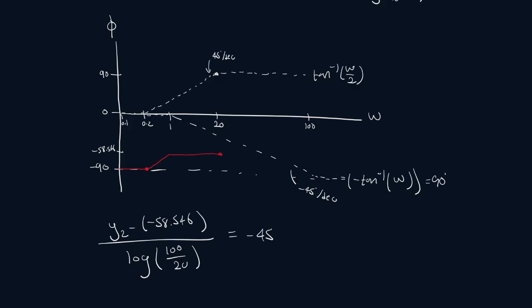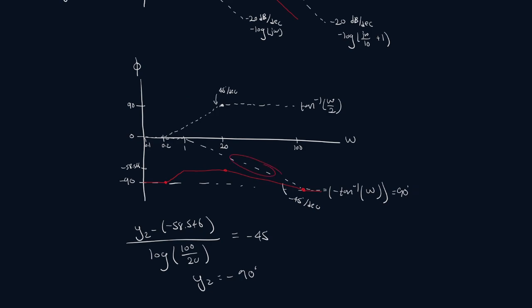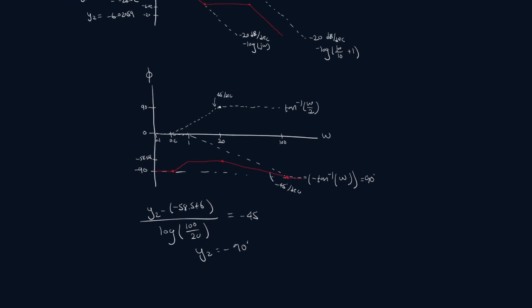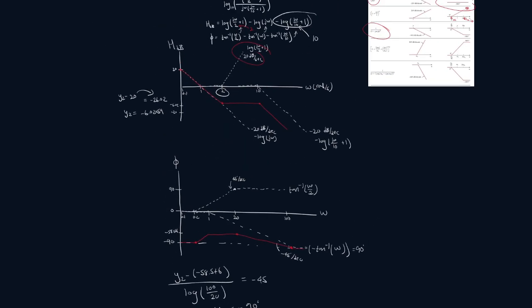And I get y2 to equal minus 90 degrees. So that means at this point, it's going to be minus 90. So this has to go all the way here, and then from then onwards, it has a slope of 0. Obviously, notice how this and this don't really match up with each other, which means it's not exactly to scale, but this is pretty much a good idea of how the Bode plot should look like.